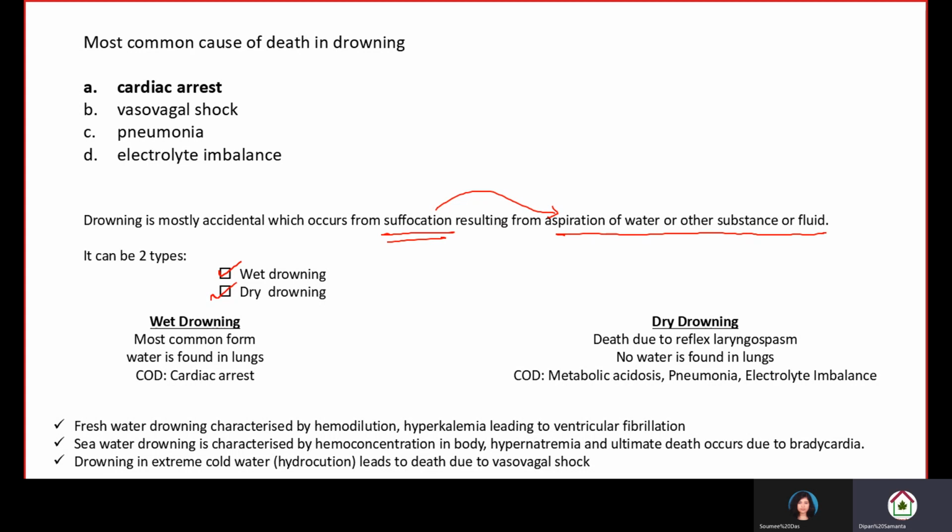So what is wet drowning and what is dry drowning? In wet drowning, water is found in the lungs, while in dry drowning, the death occurs due to reflex laryngospasm and not essentially water. Very important. Wet drowning occurs due to water in respiratory tract leading to suffocation.